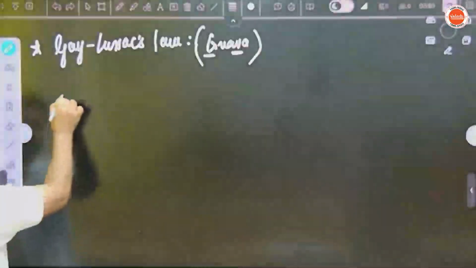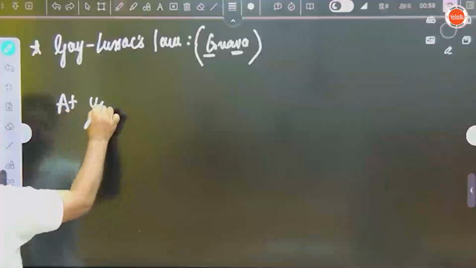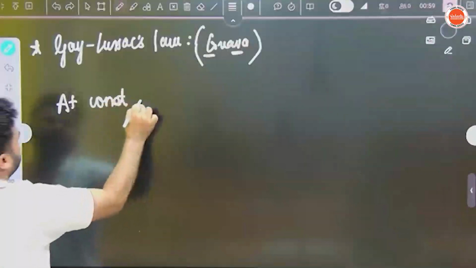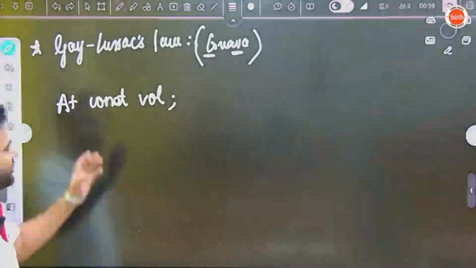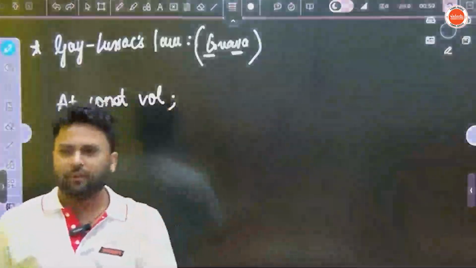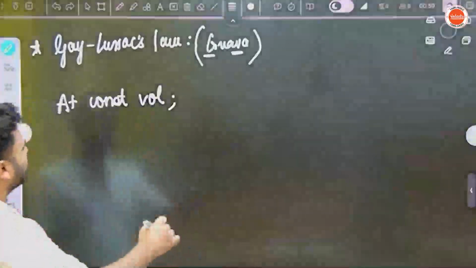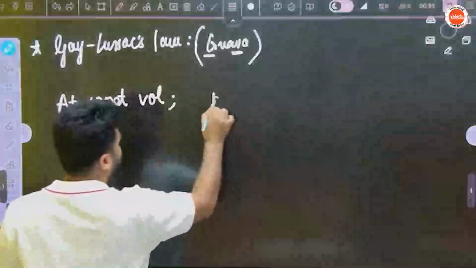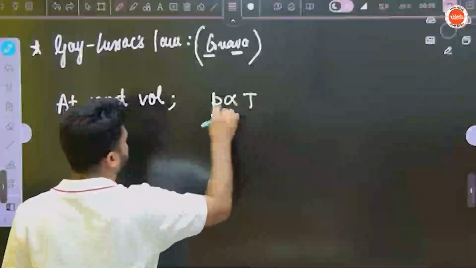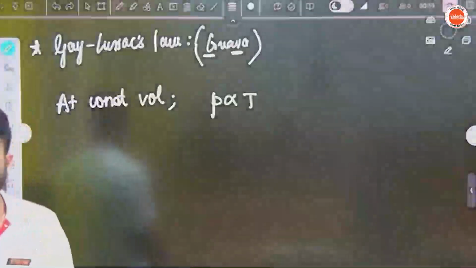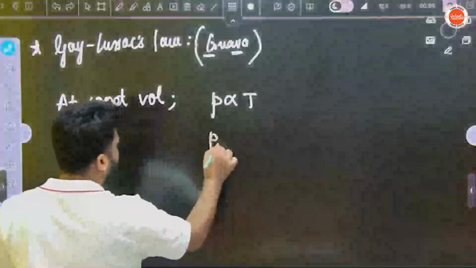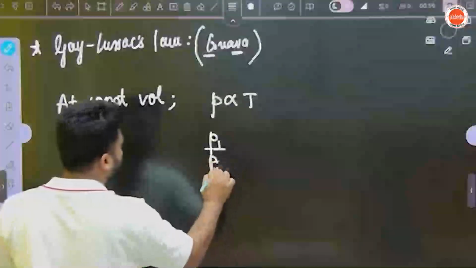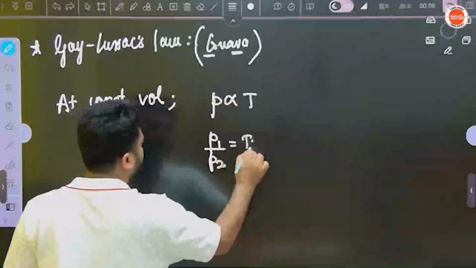What it says? At constant volume, means in Gay-Lussac's law, volume will be constant. If the volume is constant, pressure is directly proportional to temperature. Means if you increase the pressure, the temperature will increase. So we can write P1 by P2 equals T1 by T2.